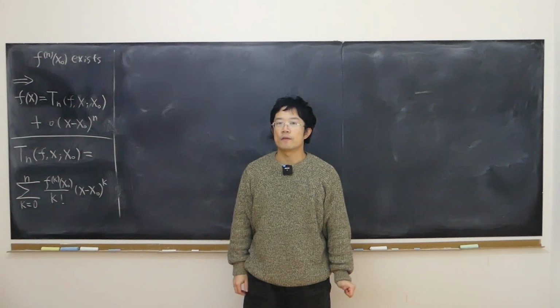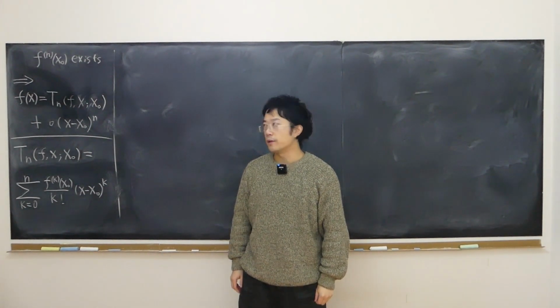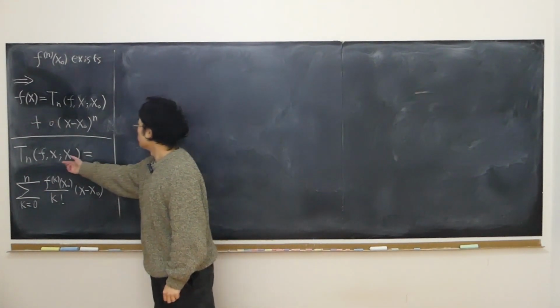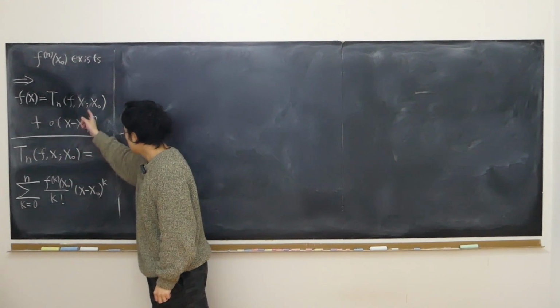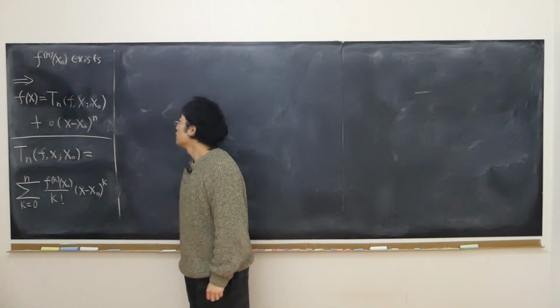So this motivates us to the following Taylor expansion. Now I've proven that the Taylor expansion theorem is really true when n equals 3: f can be written as a polynomial of degree 3 plus little omicron of x minus x naught to the power of 3.